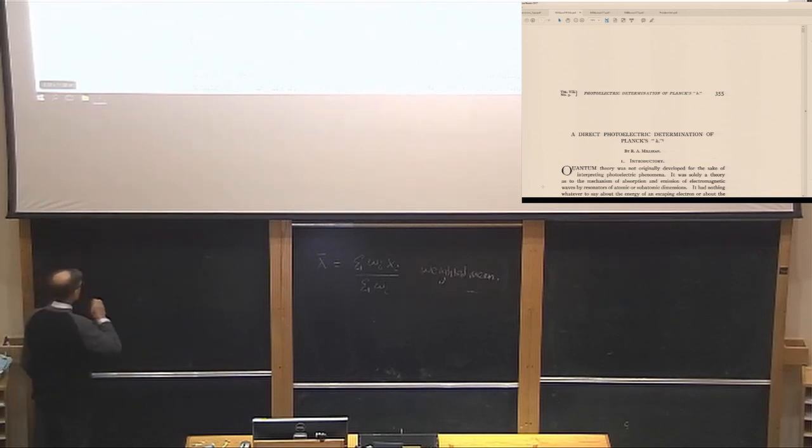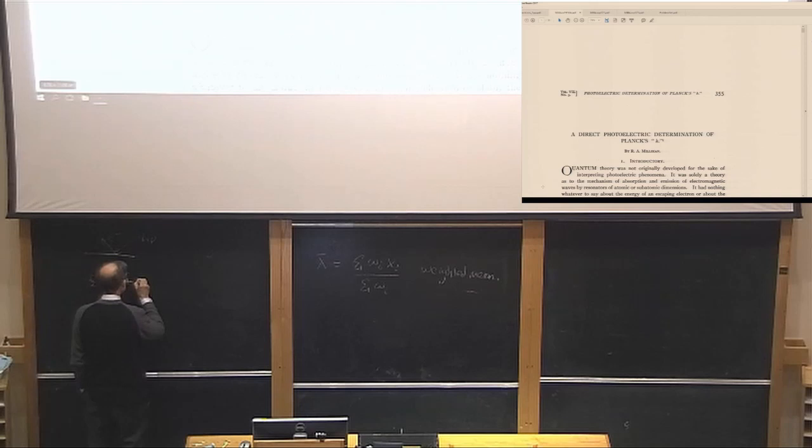He said that the process of the photoelectric effect, so here's a metal surface, here's a photon coming in, it ejects an electron, and the kinetic energy of the ejected electron plus the energy, the work needed to get it out of the metal, has to equal the energy of the photon that you put in.